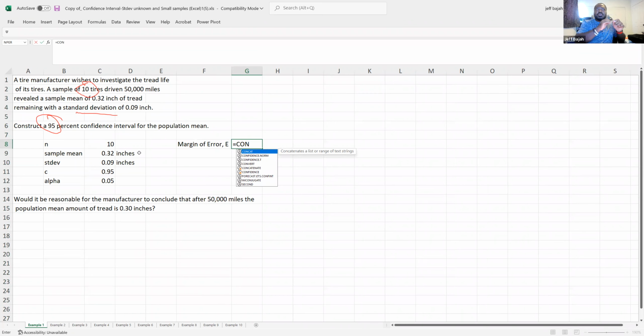But this is a question that has to do with a t-test. And so we'll select CONFIDENCE.T. And so we'll select alpha, we'll select our standard deviation, and then our size. So you can see our answer will now be 0.06. That is our margin of error, right? So it's 0.06 inches.